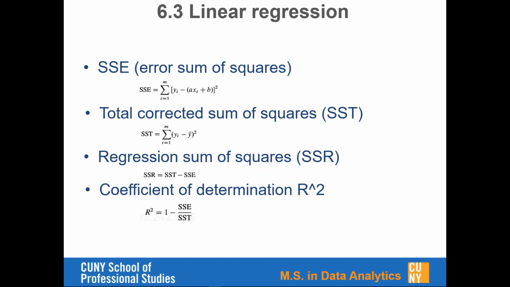That's why if you want to minimize SSE, you take the first order partial derivative of SSE in terms of A, and the first order derivative of SSE in terms of B, set them to 0 and try to find A and B.